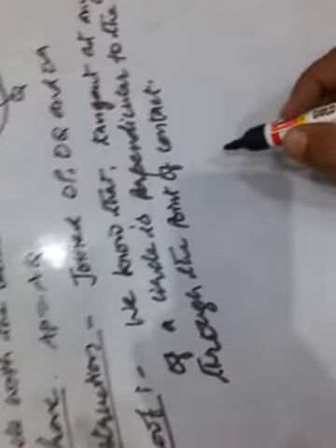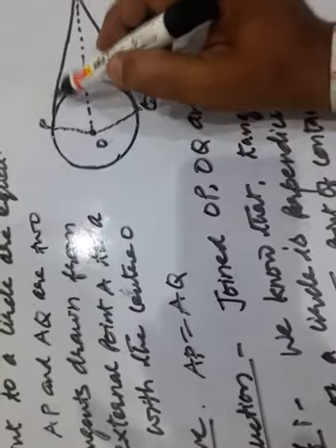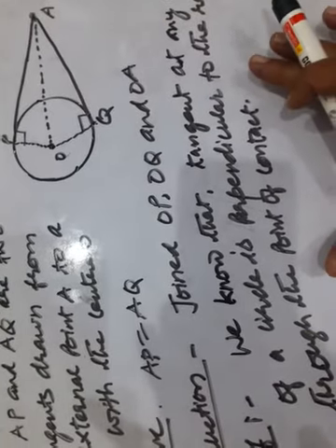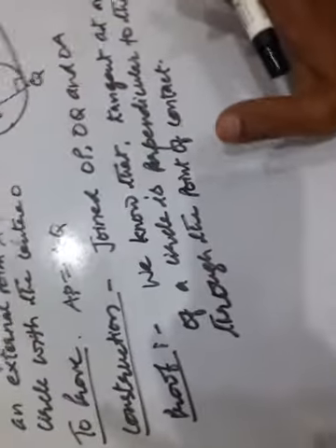What does it mean? It means that angle P equal to 90 degrees and angle Q equal to 90 degrees. So this is the meaning of the theorem that we have proved in theorem 10.1.